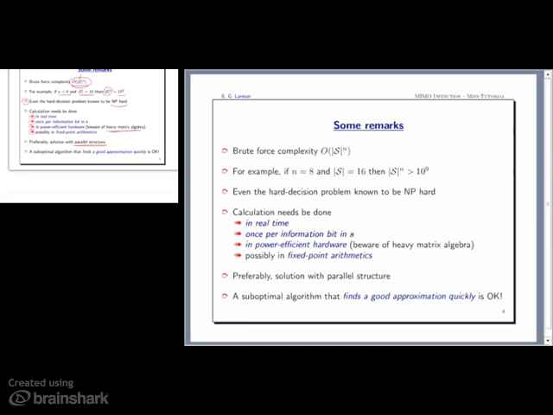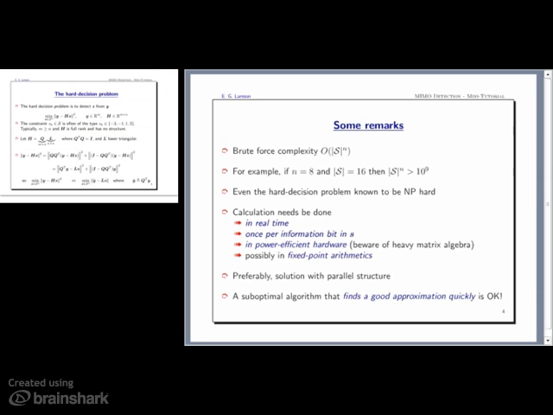What makes the problem different in the context of communications theory is that, in contrast to mathematics, we are really not necessarily interested in having an algorithm that always succeeds in finding the solution or computing the optimum value. We are happy, typically as communications engineers, if we can find a suboptimum algorithm that finds an approximation which is good enough in the vast majority of the cases and which does the job quickly. Okay.